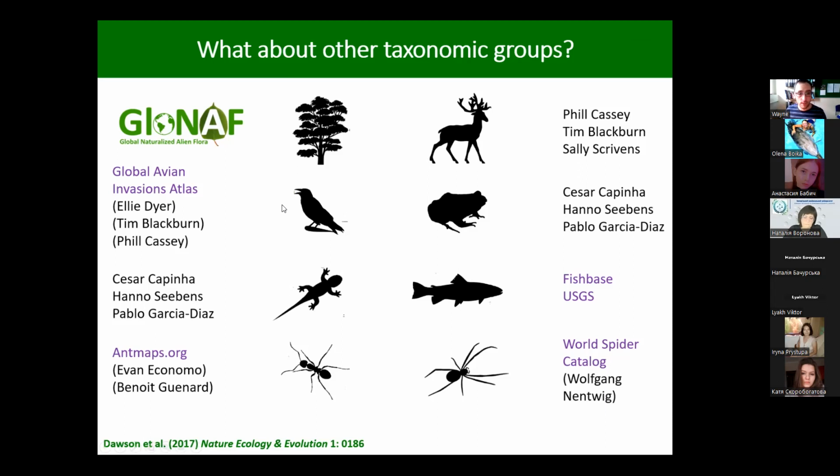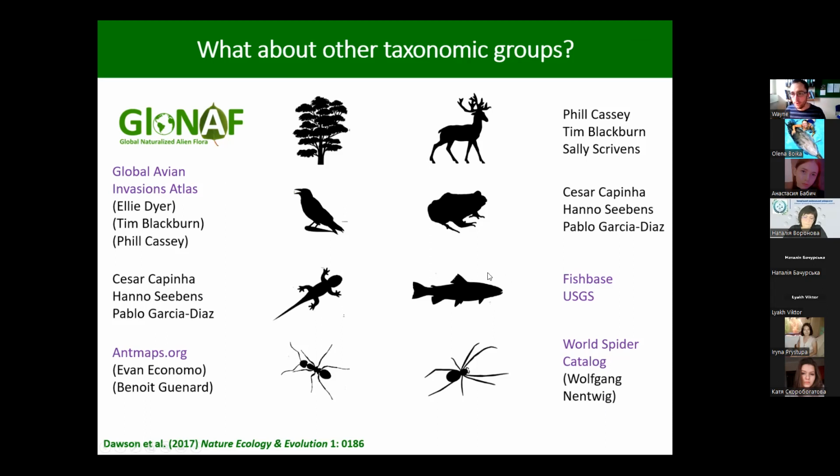So we looked at introduced and invasive birds using the Global Avian Invasions Atlas. We looked at reptiles and amphibians. We also looked at ants using the Ant Maps database. We looked at mammals with colleagues based in Australia. Amphibians, as I just mentioned, were the same data set as the reptiles.